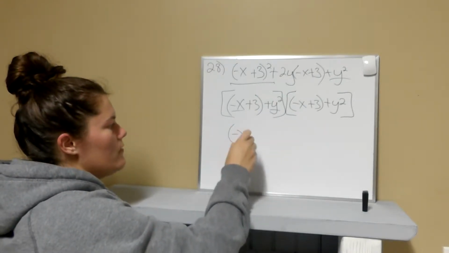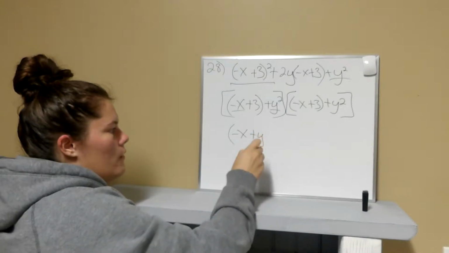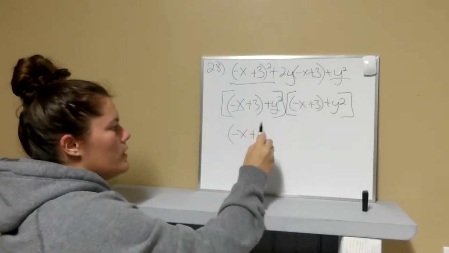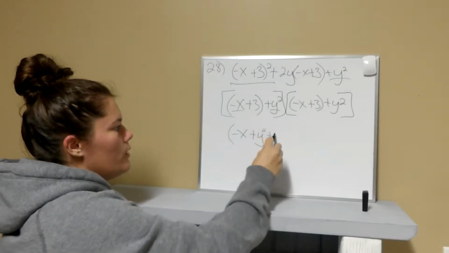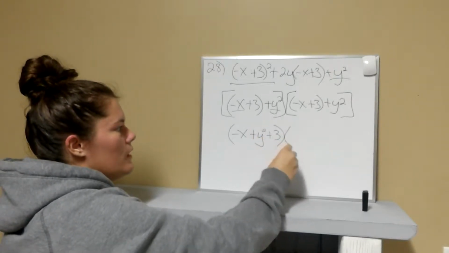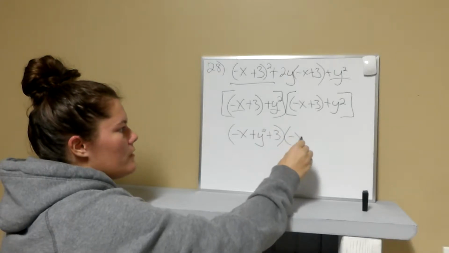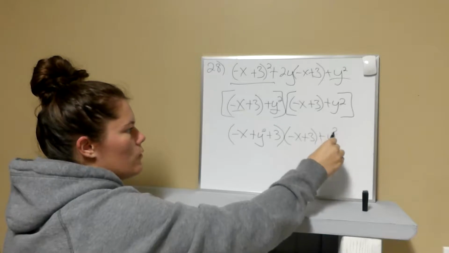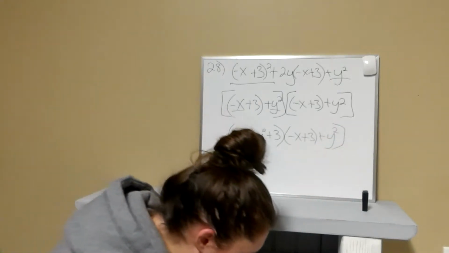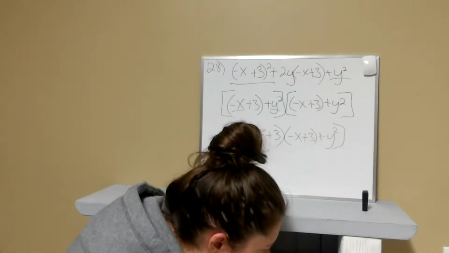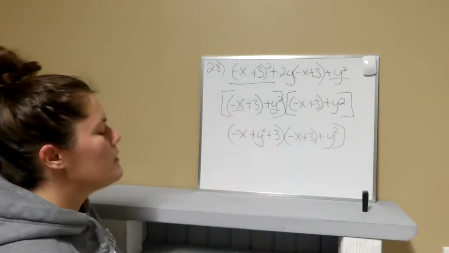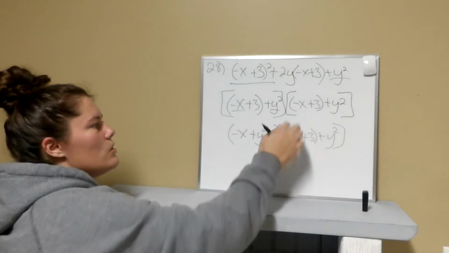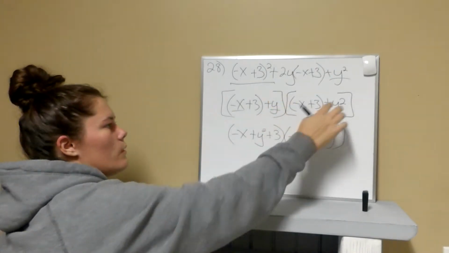So you'd put negative x plus y squared. Oh, wait, just kidding. Plus y squared plus 3 times negative x plus 3 plus y squared. Did I do that right? I'm just kidding, I am sorry. Because you split the y into 2, you do not write the squared part.